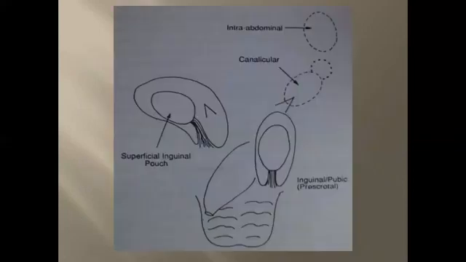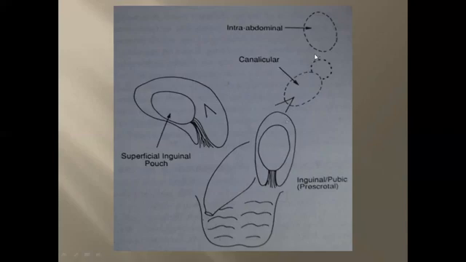This is the course of testicular descent. This is the location of the intra-abdominal testis, and this is the canalicular phase, and now this is the testis in the inguinal or prescrotal and pubic space.